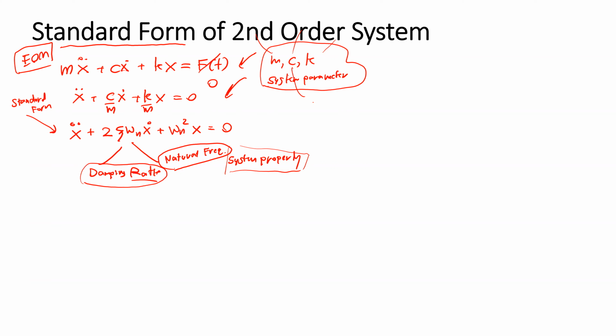The C value can be maybe 2 Newton per meter per sec, right? Force equals the damping coefficient multiplied by the velocity, so the damping coefficient is force per velocity.